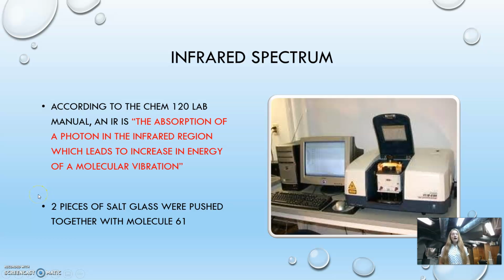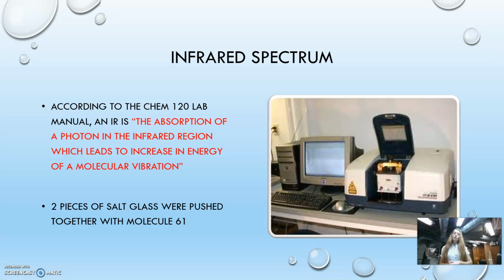Going to the IR spectrum, in your Chem lab book, it states that IR is the absorption of a photon in the infrared region, which leads to an increase in energy of a molecular vibration. What we did is we took two small salt glasses, put 2 drops of our unknown compound onto those, and pressed them together.